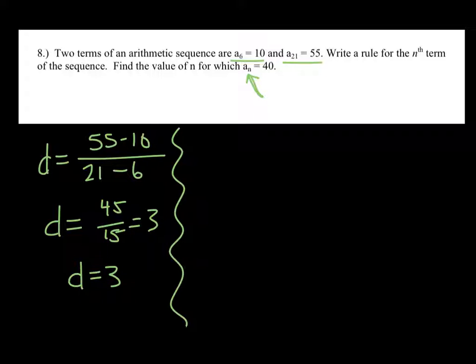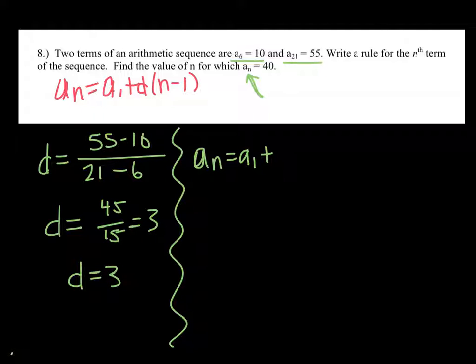So if we just continue on here, always remember what the rule is. A sub n equals your first term plus the difference times your term number minus 1. So in this case, we could say a sub n equals a sub 1 plus, we now know that the difference is 3, times n minus 1. Well, we know n, we could use either of the two terms that they gave us.